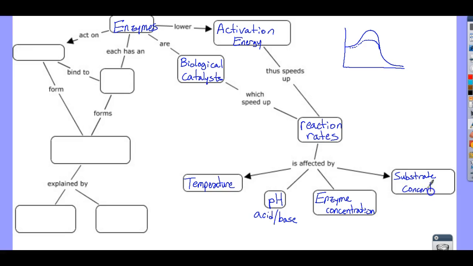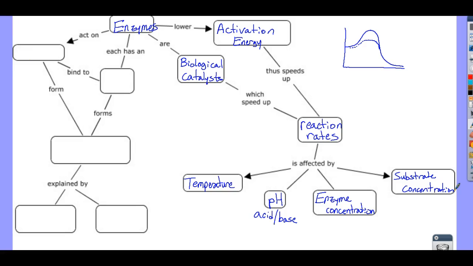If there's more substrate, our enzymes don't have to search out the substrate. If it's all right there, the enzymes just get to work. So the more substrate you have, the faster your reaction is going to be. It's going to dwindle a little bit when you have less substrate, because the enzymes have to actively search out those substrate molecules.